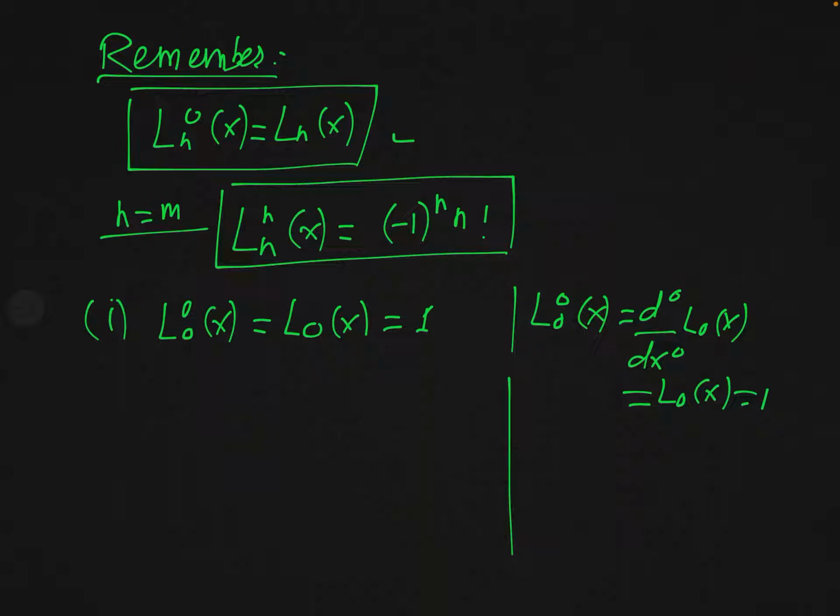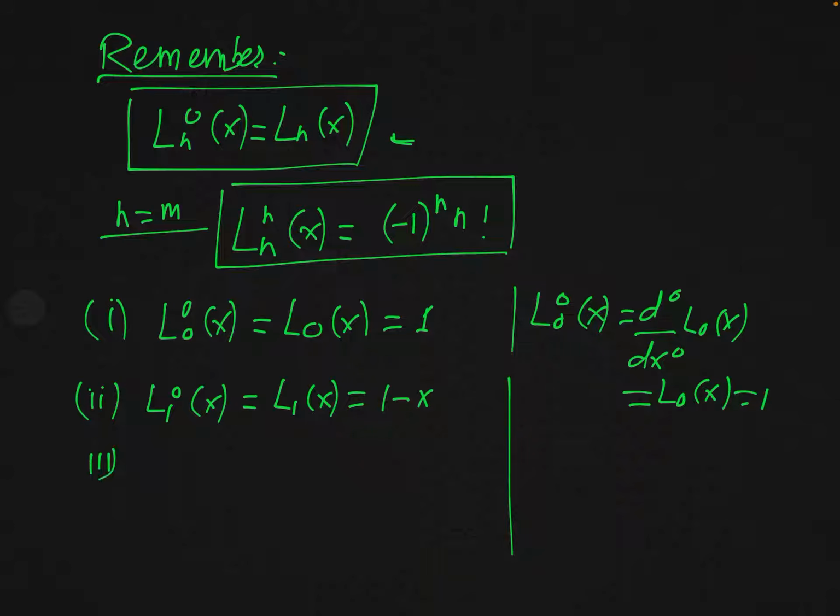You can see easily. Now let us find L_1^0(x). Again using the first property which I have defined here, this will be simply equal to L_1(x), and you know L_1(x) is equal to 1 minus x. You have seen it in the previous lecture.